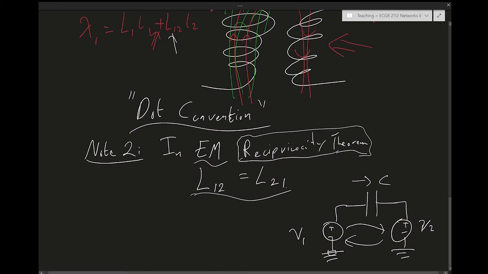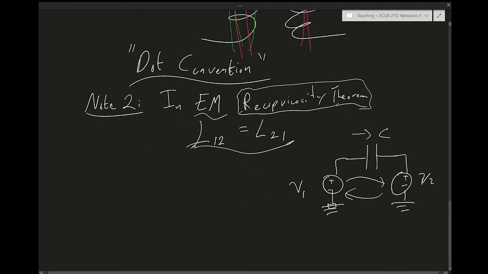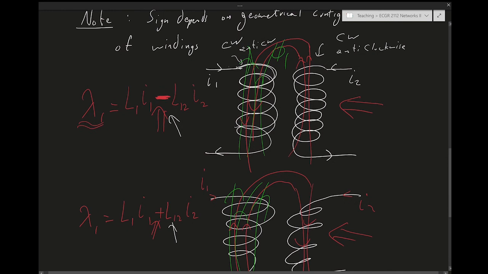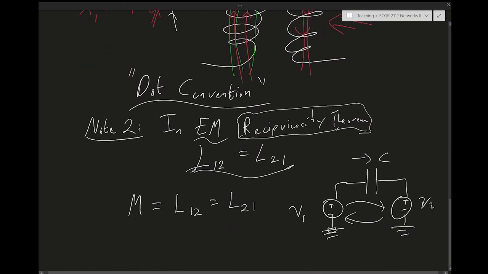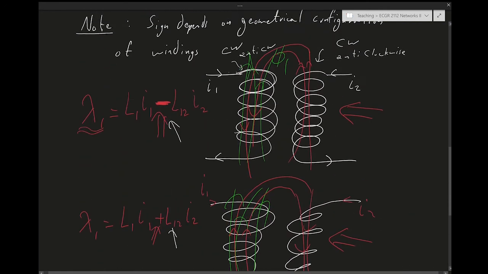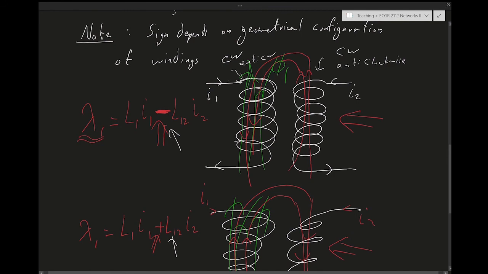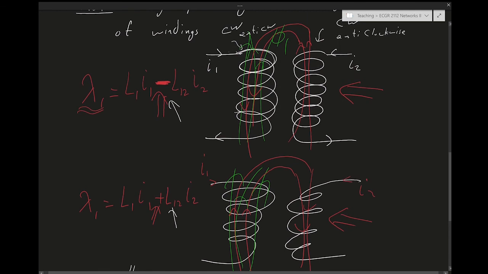We just take it as an established result that L12 is going to equal L21, and this we will call M. So using those two facts, that the signs could be positive or negative depending on the geometrical configuration, and that L12 equals L21 equals M, the mutual inductance being the same regardless of what side you look at, and distilling the sign change into something called the dot convention, I'm now going to arrive at the circuit representation of a mutual inductance element.